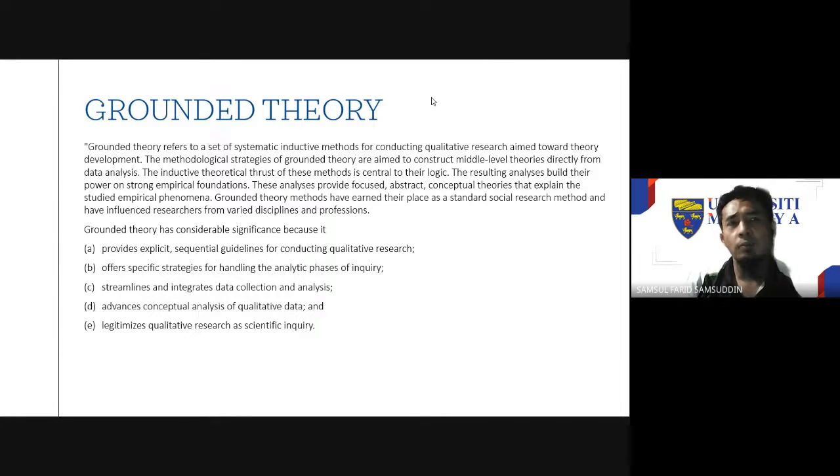If you applied, for example, TAM, Technology Acceptance Model, or UTAUT, there are several theories on human behavior, for example. So instead of just using the previous theories, what is your contribution to these theories?